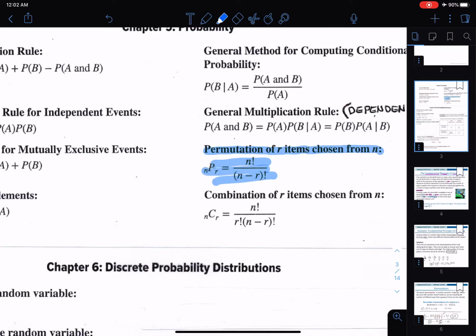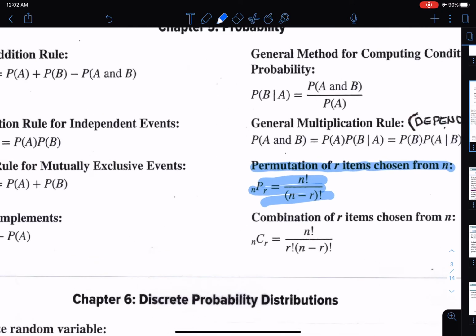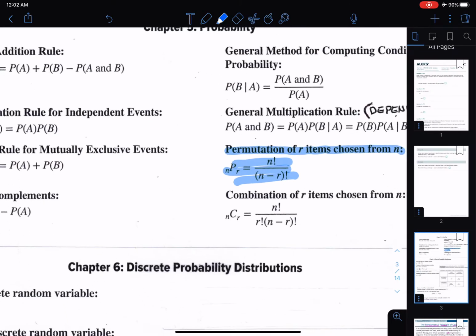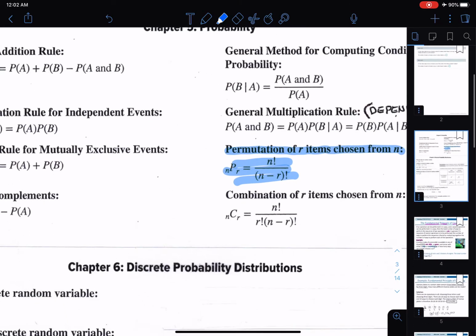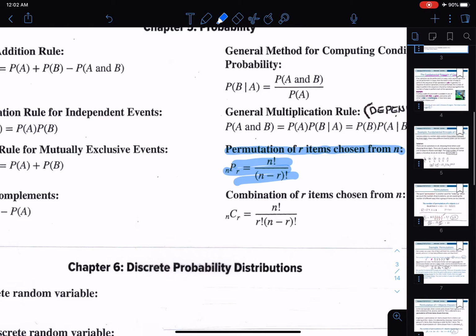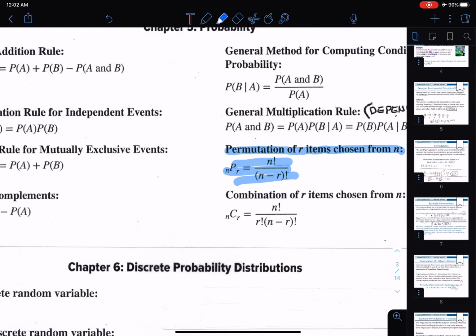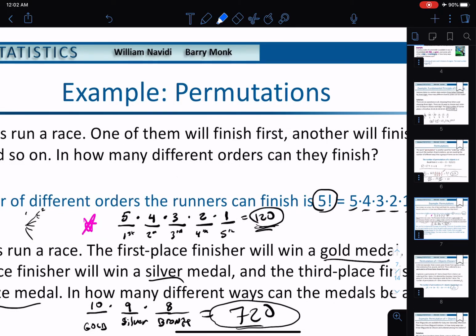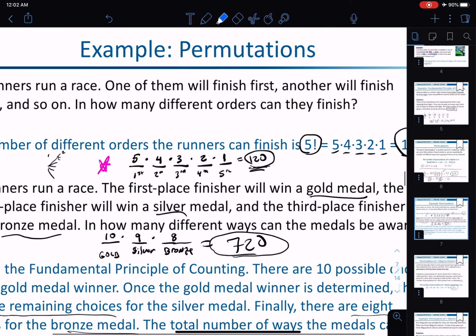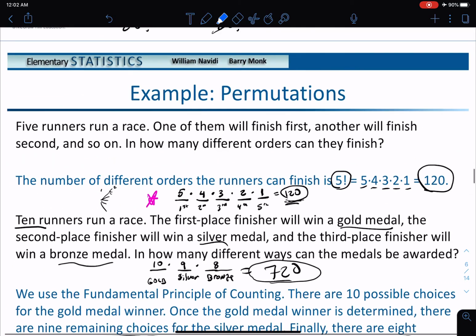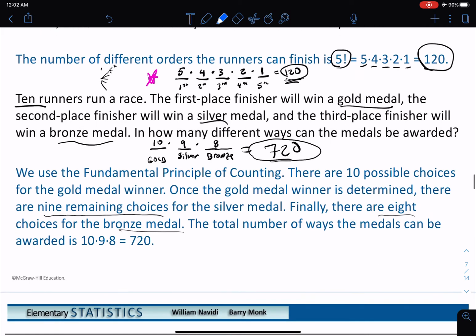Okay, let's go ahead and use that permutation on that gold, silver, bronze problem, because I think it's kind of insightful on that one. Now, if you're getting better at this idea of the fundamental counting principle, we end up getting 10 possible golds, 9 possible silvers, and 8 possible bronze.